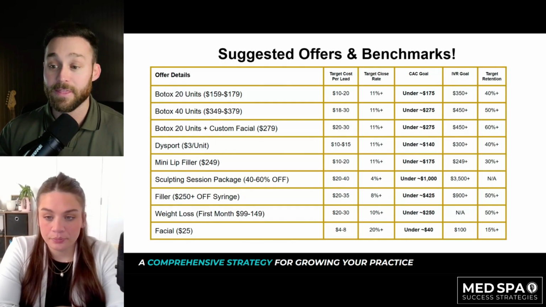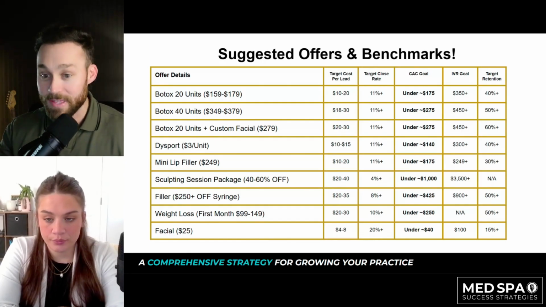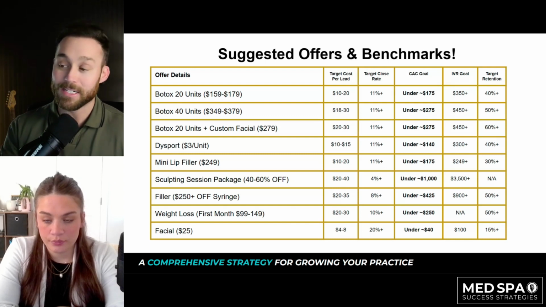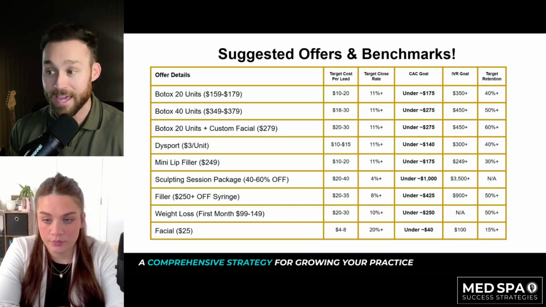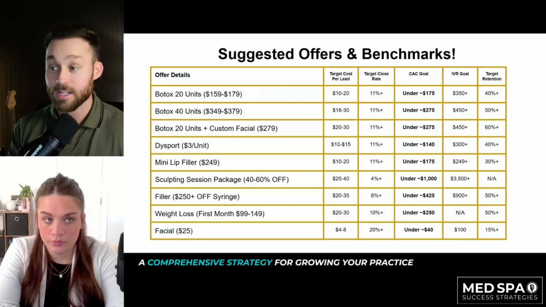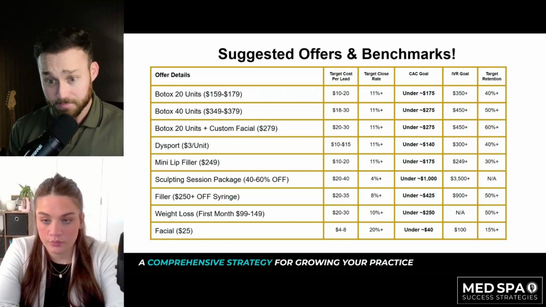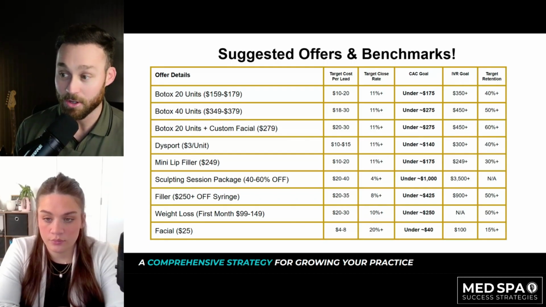Yep. The facial, $25. The reason that we do this really steep discount on a facial, and if you go back to the previous slide, we had moderately discounted facials in the no-go category. This specific version of a custom facial where you have low consumable costs is in the yes category. It's a very basic principle. On most of these things, I'm going to break even on a facial.